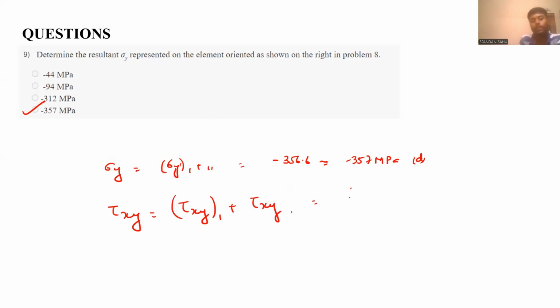So this you will get 64.95 plus 37.34. So we are getting about 102.3 MPa.